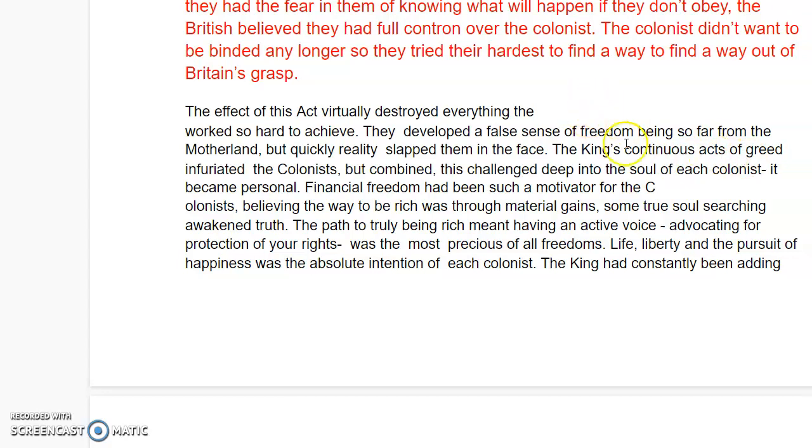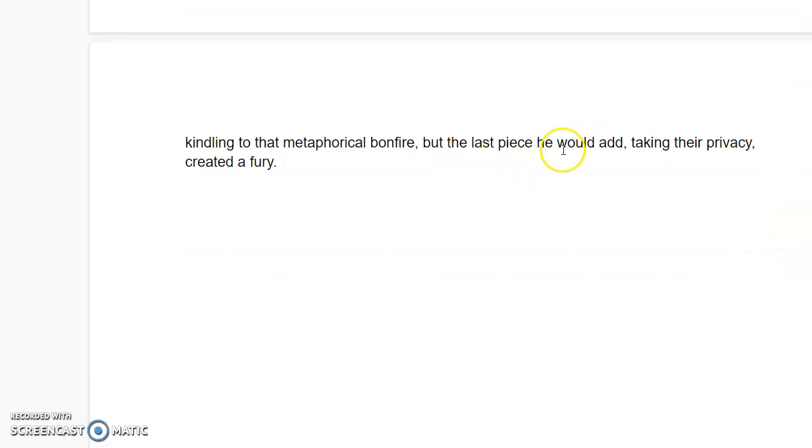Okay, so you have three pieces of expanded evidence you should be looking for here. I feel like this is missing something. Financial, advocating for protection of your rights, having an active voice, and taking their privacy.